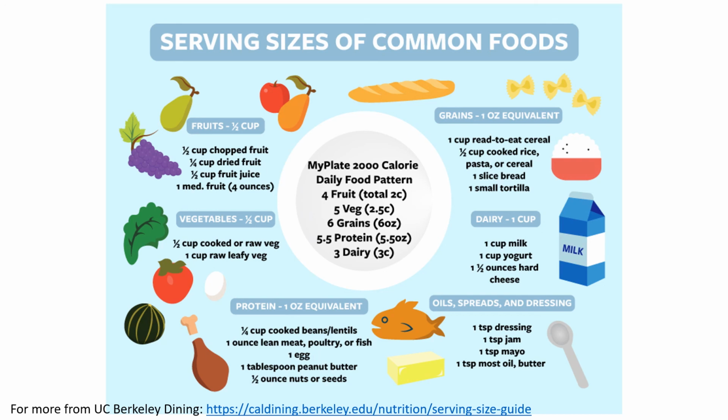Again, the recommendation is 4 servings of fruit per day, 5 servings of vegetables per day, 6 servings of grain per day, 5.5 servings of protein per day. And the recommendation for water is at least 72 ounces a day for women, and 104 ounces a day for men.